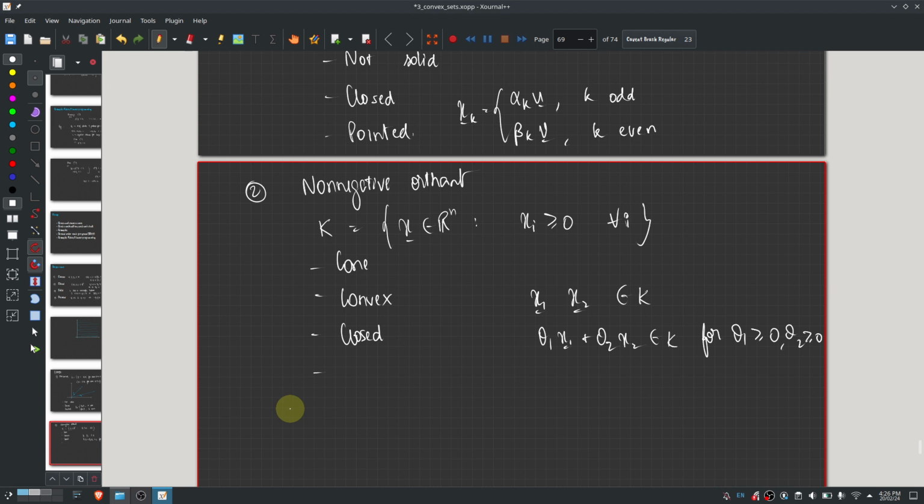You take any vector x in K. Suppose that minus x is also in K. When can that possibly happen? When xi is equal to 0 for all i.